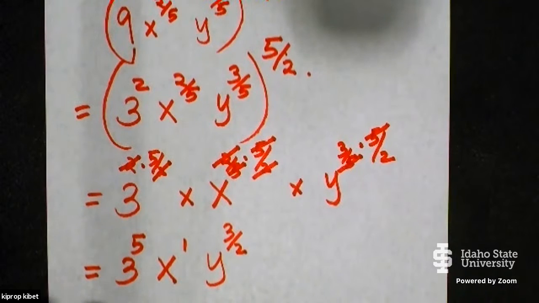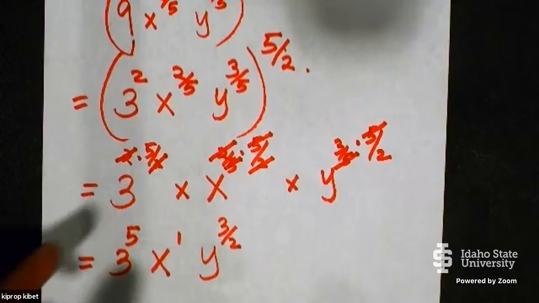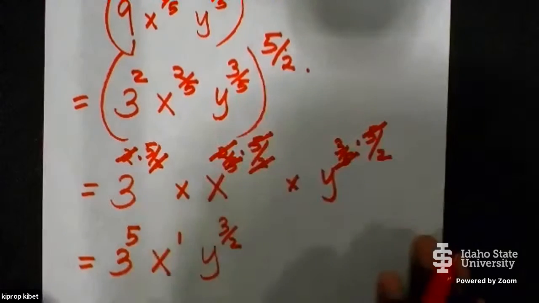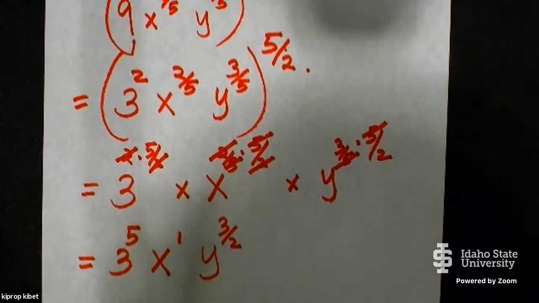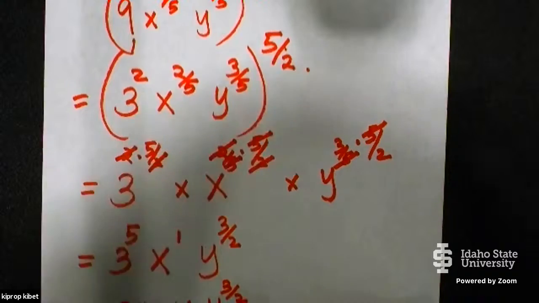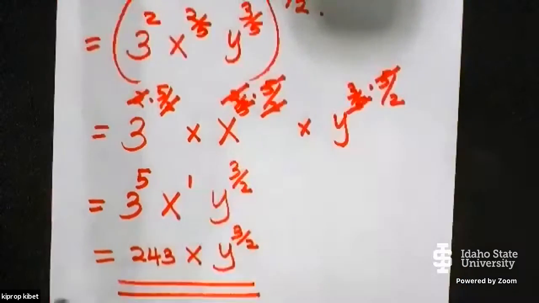So either way, we can leave it like this, or what is 3 raised to 5? What is 3 raised to 5? 243. So this is equal to 243 x y raised to 3 all over 2.